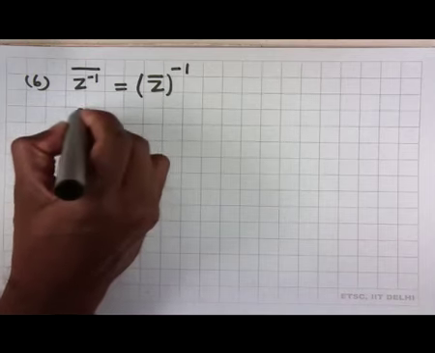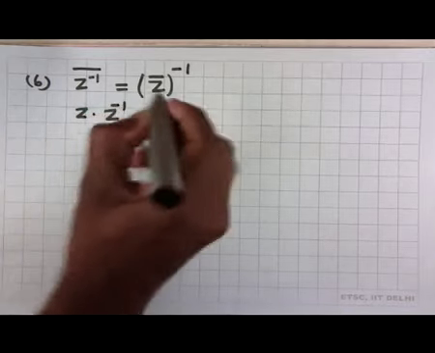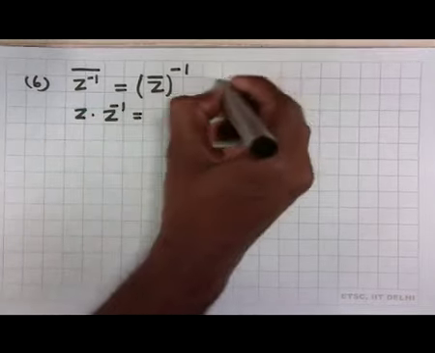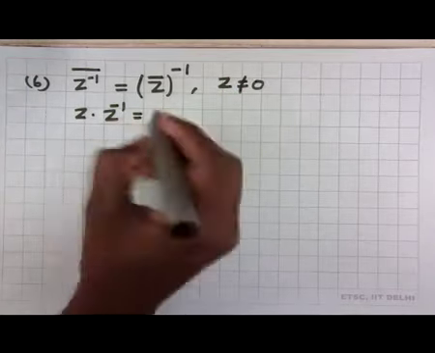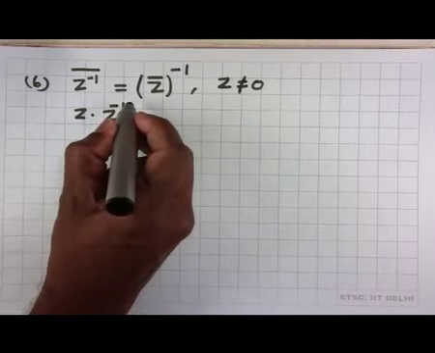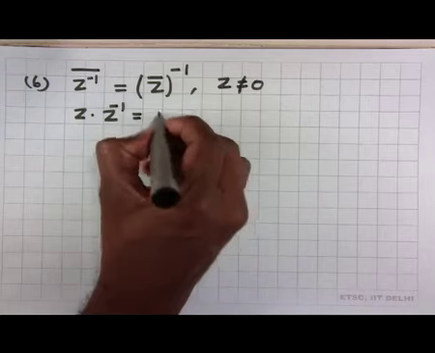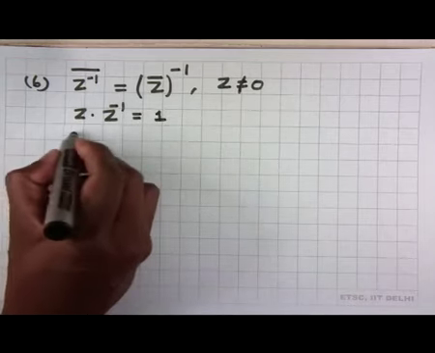So, by definition Z inverse, of course, here we need Z must be non-zero. By definition Z inverse means that multiplying with Z we get 1, and now you apply conjugation.